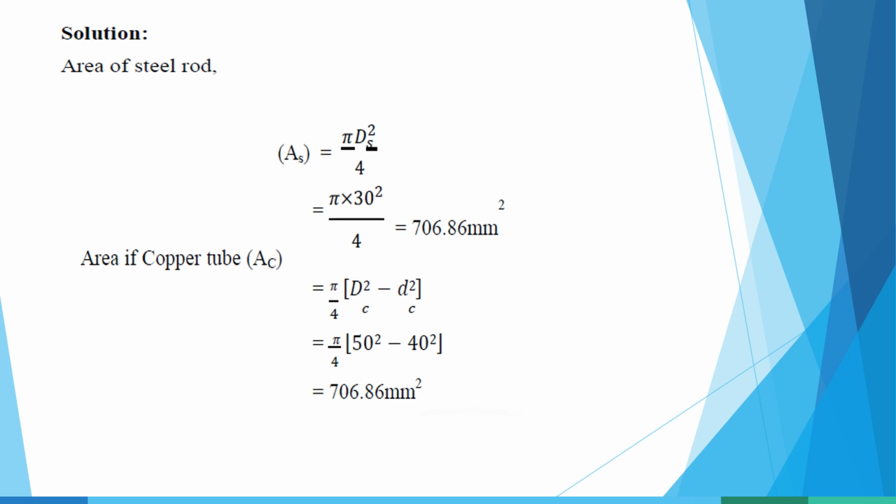Area of copper, the tube. Here the inner and outer dimensions are available. So, pi by 4 into capital D square minus small d square. Substituting the values, pi by 4, capital D is equal to 50 square, minus small d is equal to 40 square, then 706.86 mm square.